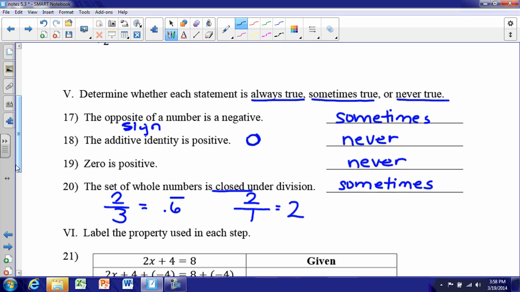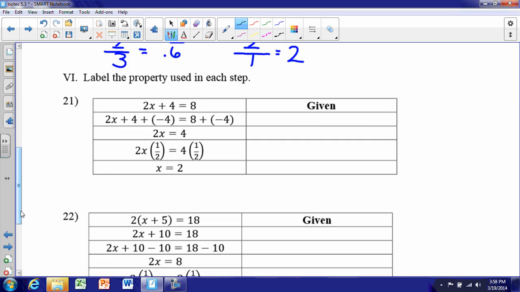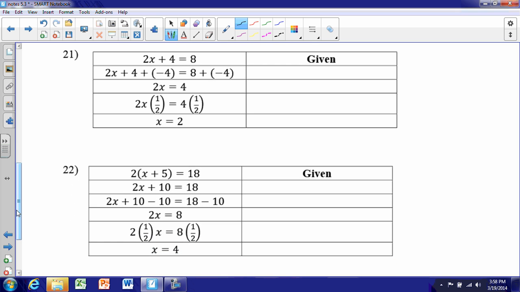All right, still using the properties. This time it is an equation that has been solved for you, and you have to figure out what property has been used. Okay? Well, you always have to be given one step, the very first thing. All right, now let's see what's different from the first to the second. Okay, well, I see a -4 that was not there before.